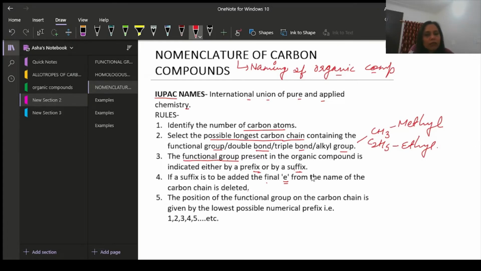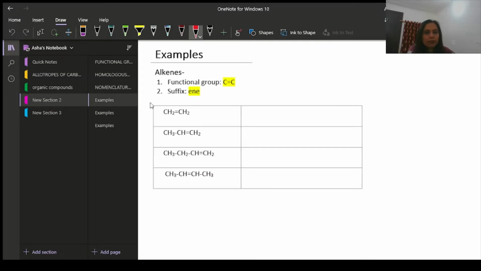When we do examples, you will understand in detail. And then you will have to give the lowest possible number, that is 1, 2, 3, to a functional group while naming a compound. Now let us start with some examples.